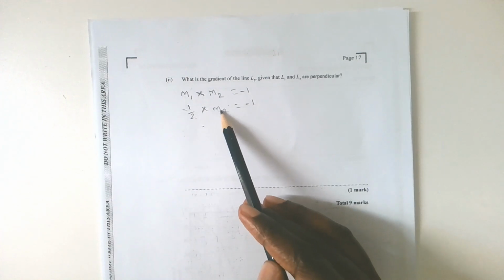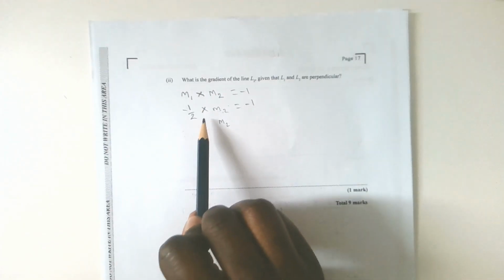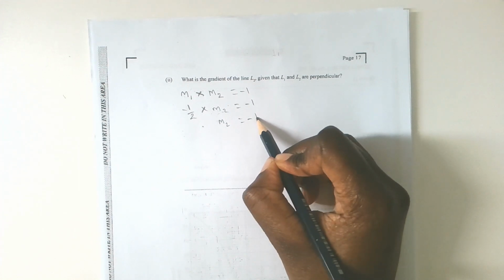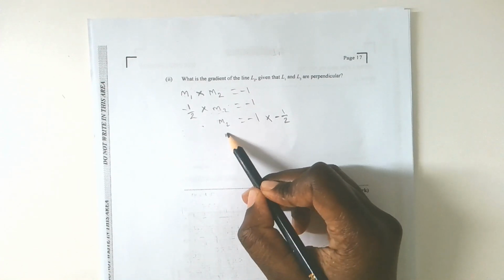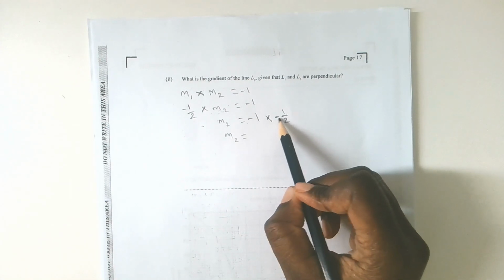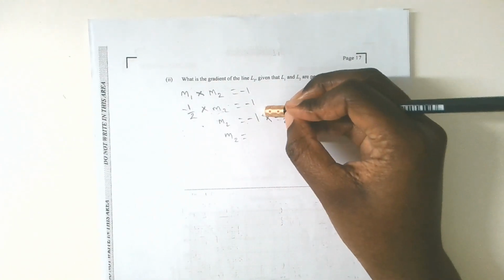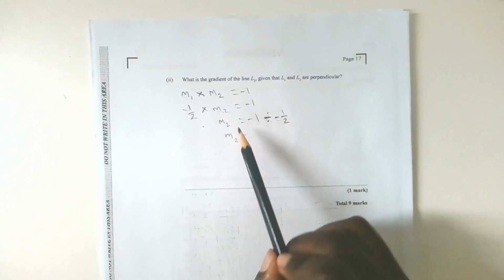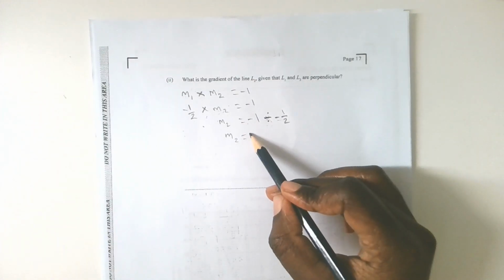Since we know the gradient M1 is -half, multiplied by M2 it's going to equal -1. So M2 is going to be -1 divided by -half. A negative divided by a negative gives us a positive. Since it's multiplying on one side, it's going to be dividing over here, silly mistake.